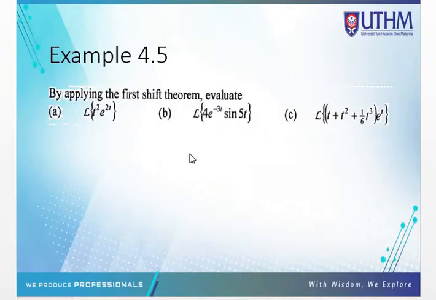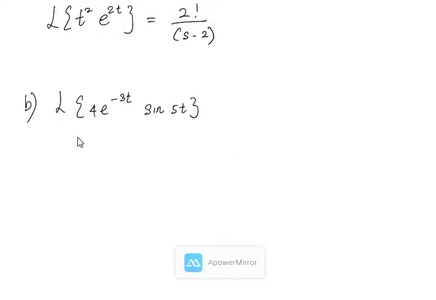And the second question, question B, is the Laplace transform of 4 exponent negative 3t sine 5t. From the table of Laplace transform, you obtain sine at equivalent to a over s squared plus a squared.